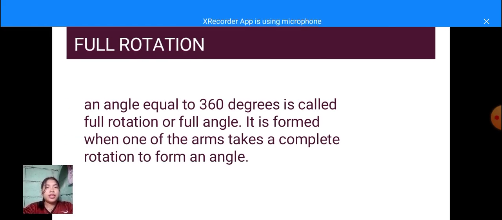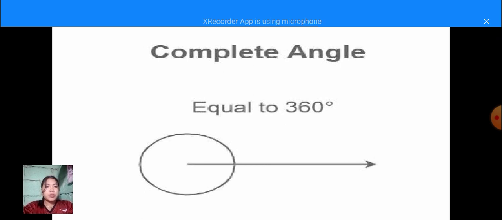Full rotation: an angle equal to 360 degrees is called a full rotation or full angle. It is formed when one of the arms takes a complete rotation to form an angle. Here's an example, equal to 360 degrees.